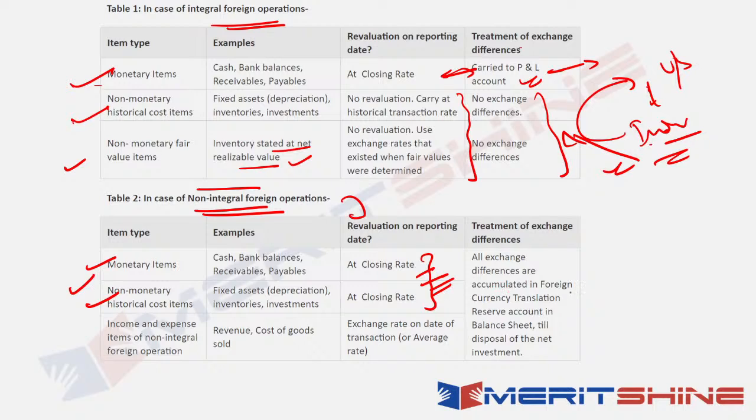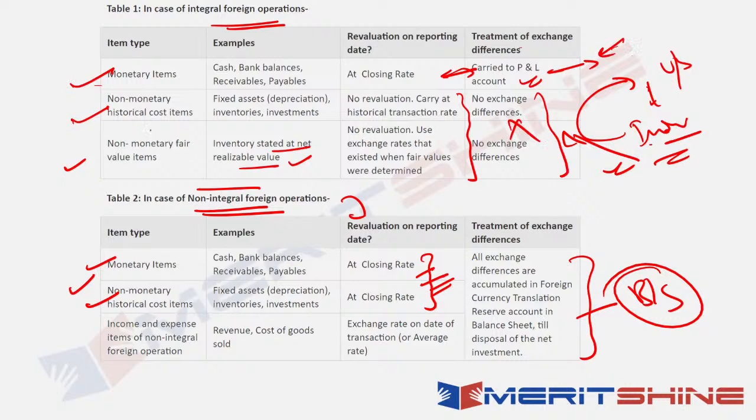And the treatment of exchange difference, this is again carried to the balance sheet. Whereas here this was carried to P&L, there is no difference. So your non-monetary and non-monetary fair value items were not a problem at all. They continue to be at the existing rate. Only the monetary items such as payable got carried to the P&L. That was for the integral or the normal operation, as we saw in the previous example.